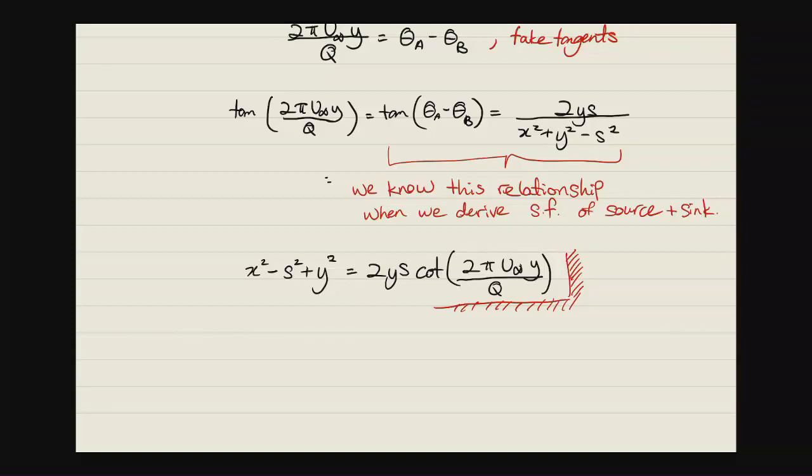So this equation here is our separatrix, and it has the shape of an oval. We call it the full Rankine body.